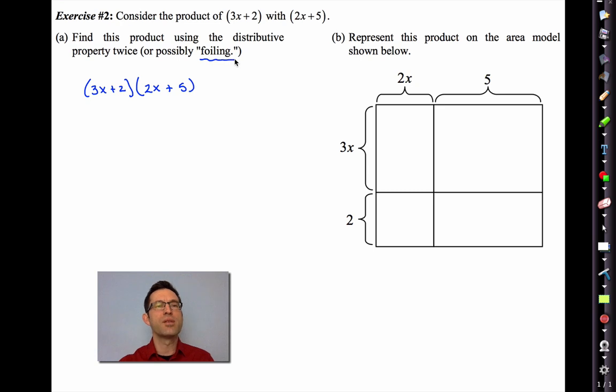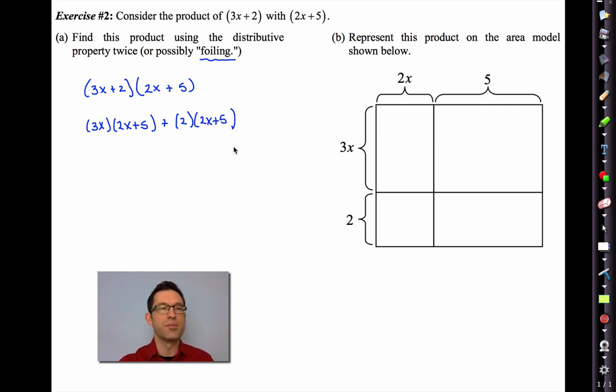But what we mean by using the distributive property twice is that the first thing that I'm going to do is I'm going to distribute the 3x times 2x plus 5. And I'm also going to distribute the 2 to the 2x plus 5. All right, now each one of these individually isn't too bad, right?